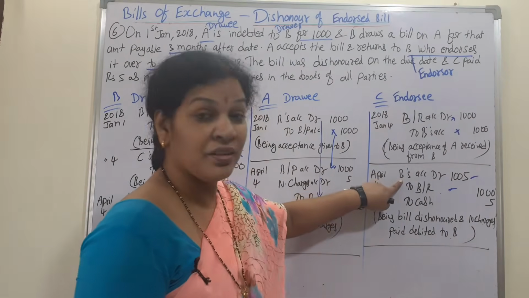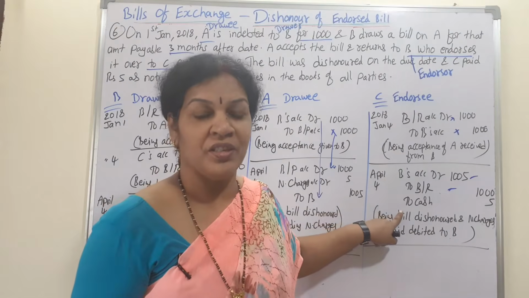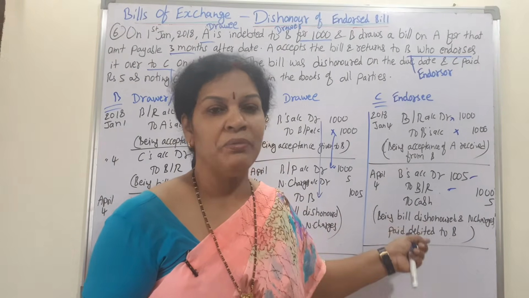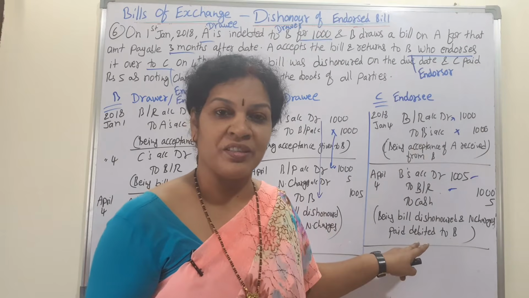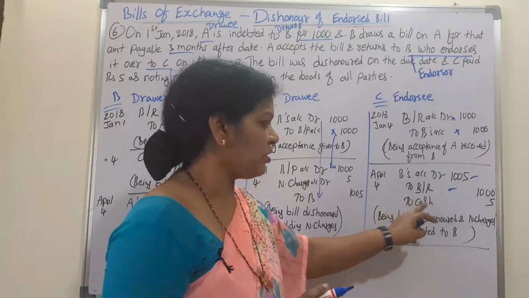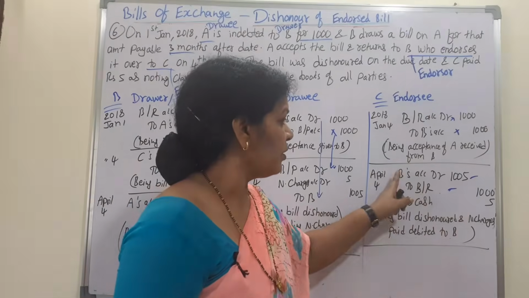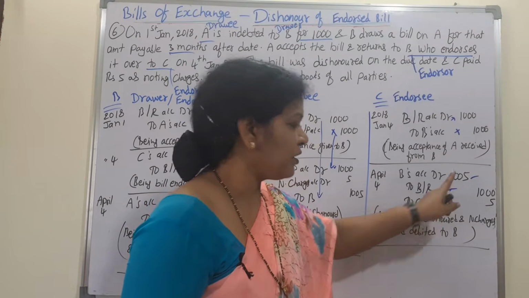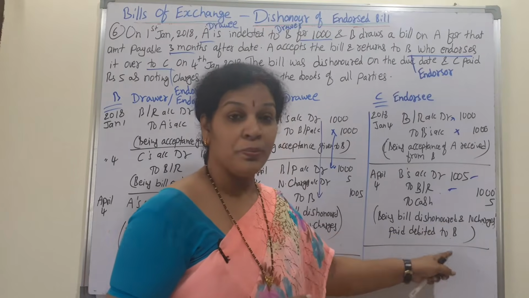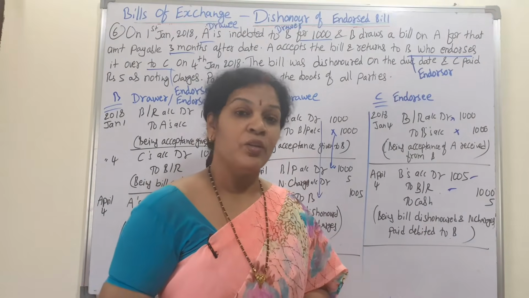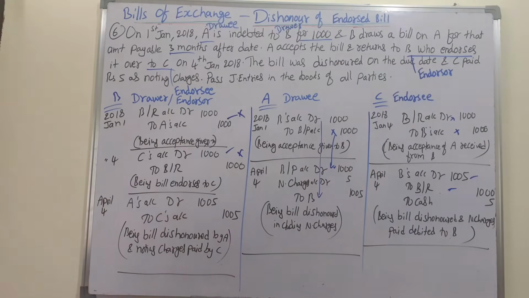If noting charges were not there, we would simply have written that entry in reverse. Including noting charges, noting charges come to cash 5. So total 1000 plus 5 comes to 1005. This is being bill dishonored and noting charges debited to B.